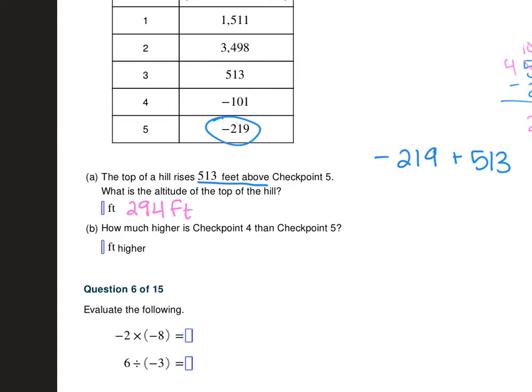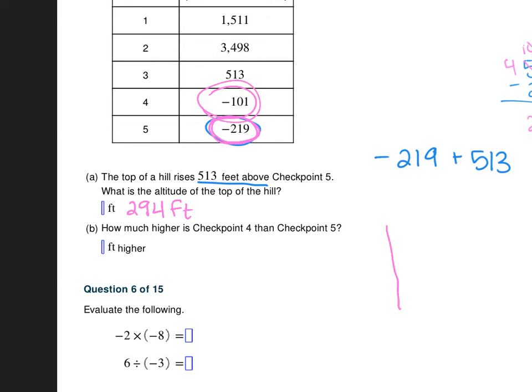Part B asks how much higher is checkpoint 4, so negative 101, than checkpoint 5, negative 219. I just need to find the difference between the two numbers. Think of a thermometer.